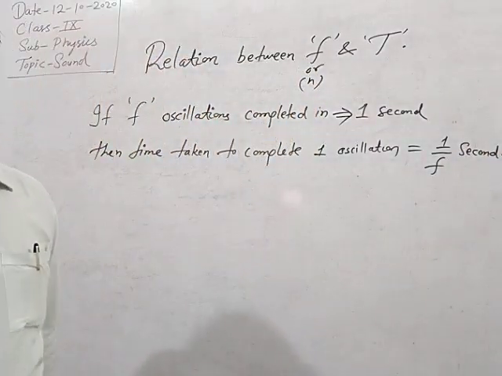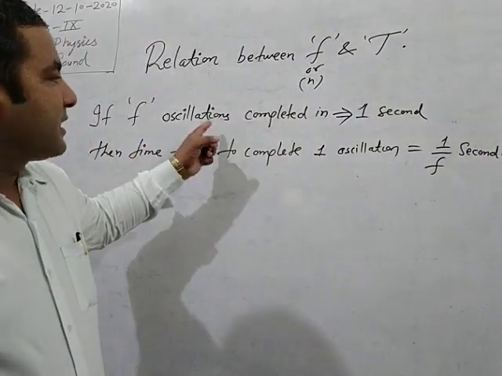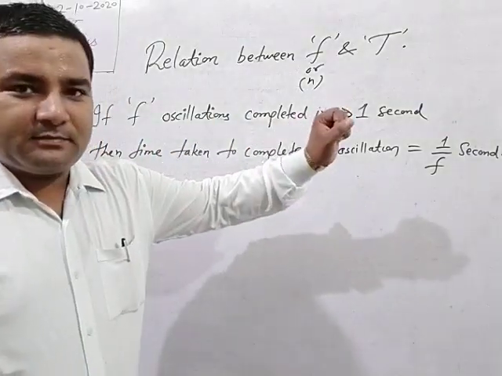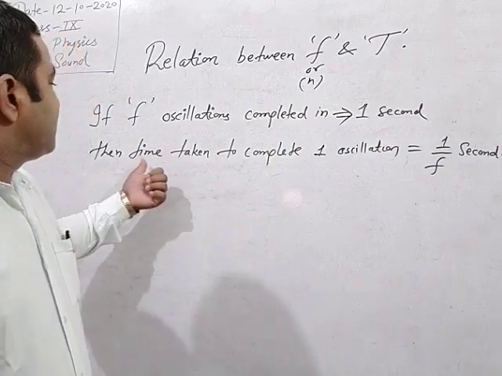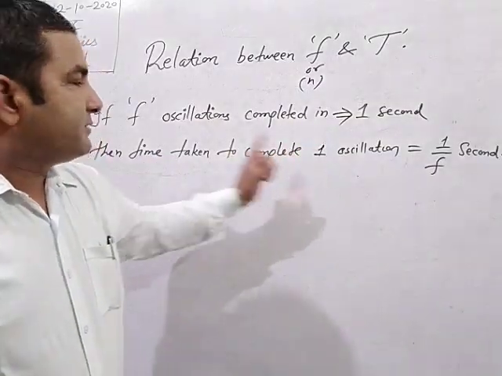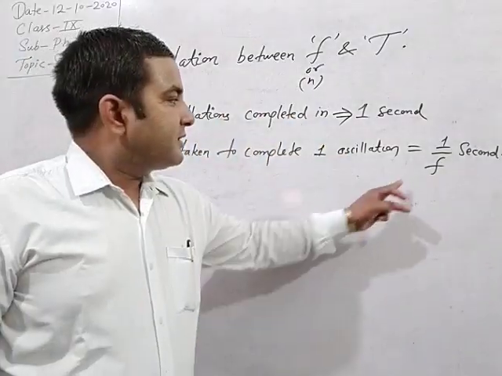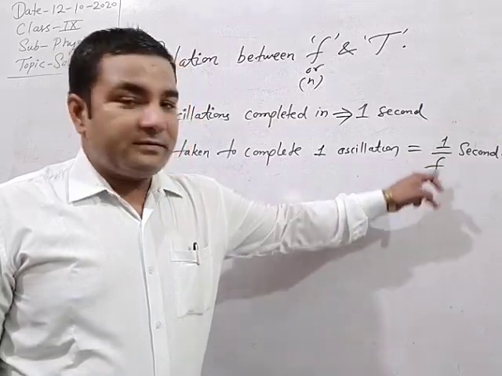Very simple. If f oscillations are completed in 1 second, then the time taken to complete one oscillation is what? This f transfers towards the denominator, that is 1 upon f second.